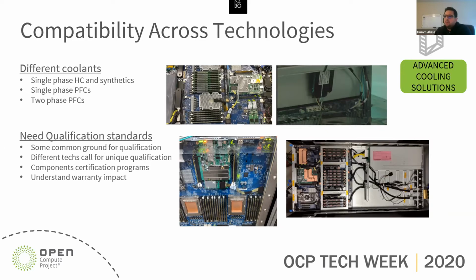From a hyperscaler and end-user perspective, an ideal immersion fluid should, first of all, be safe to handle. That's very important. Second, we need the appropriate dielectric constant. We want to ensure that across the board, from the FPGA to the CPU to everything in between, we're not impeding signal, so signal integrity and dielectric strength are very important.